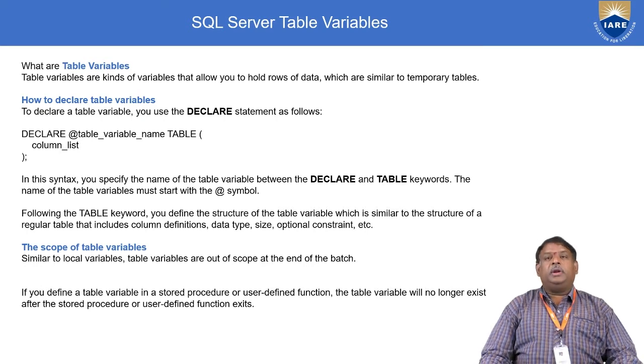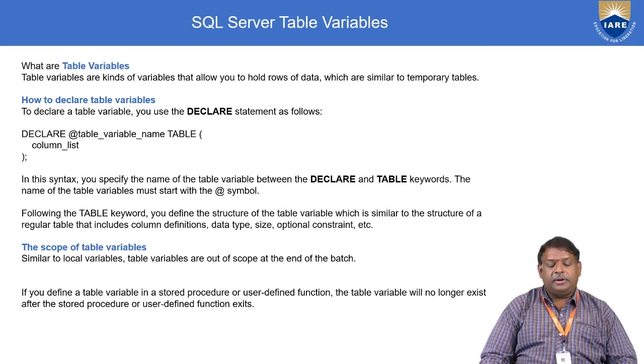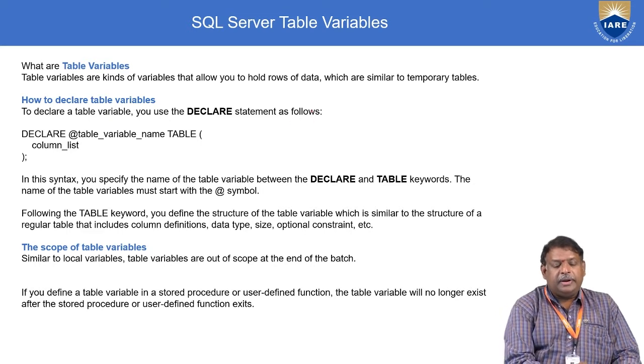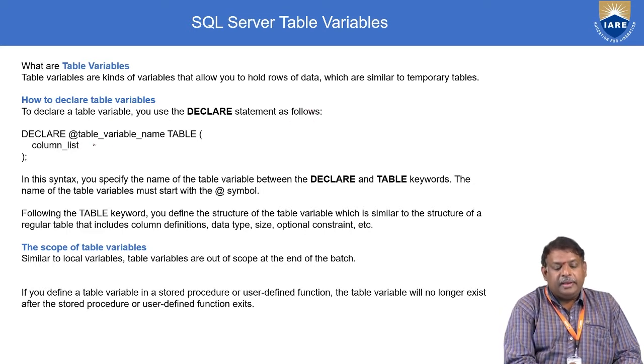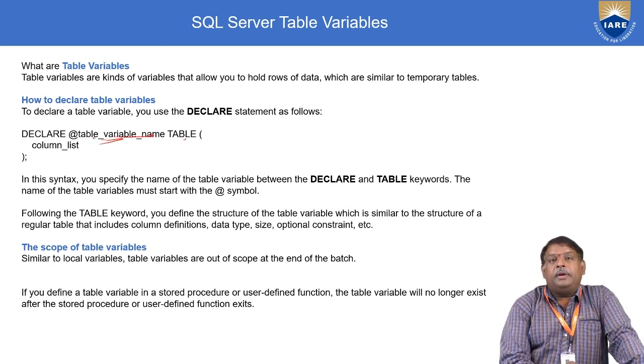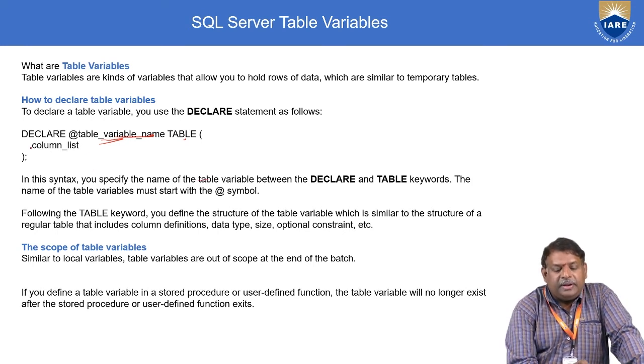Now, how to declare a table variable? To declare a table variable, you must use the declare statement as follows: declare, the table variable name, table, and the column list. In this syntax, you specify the name of the table variable between the declare and the table keyword.